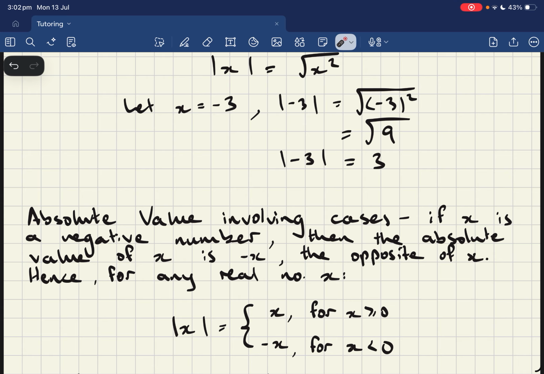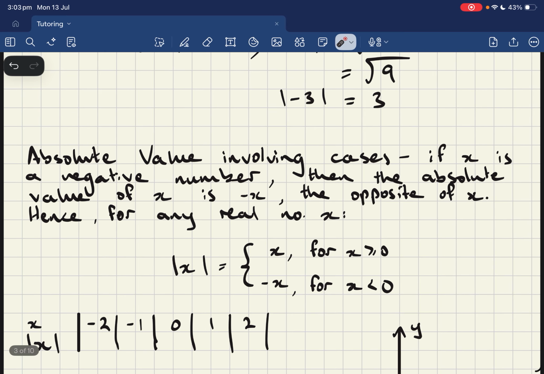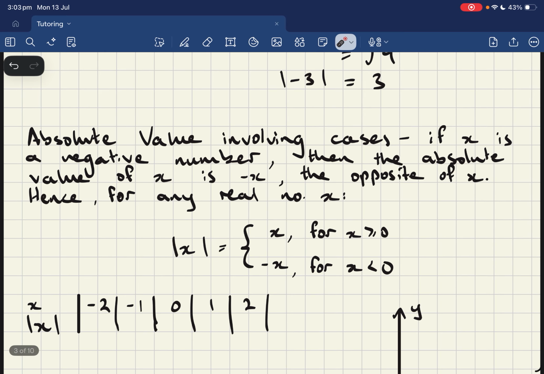Now, just a final little use of this second definition, we're going to look at thinking of a table of values where we have a bunch of different values of x here, and we are going to substitute these into a rule to figure out how the absolute value of x will behave. And this is going to introduce our absolute value function, which we'll be looking at more in detail later in this series.